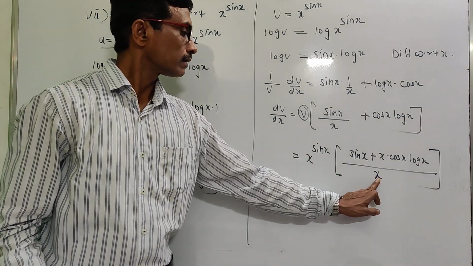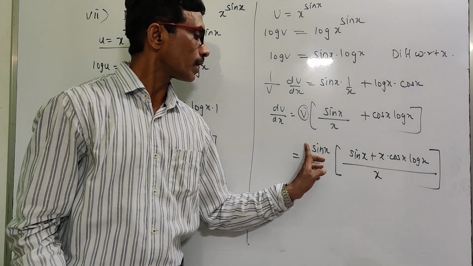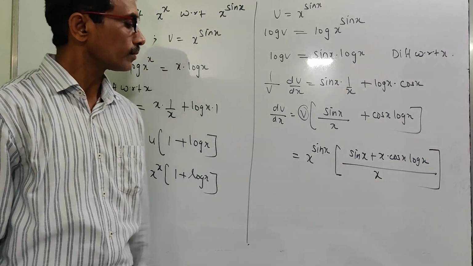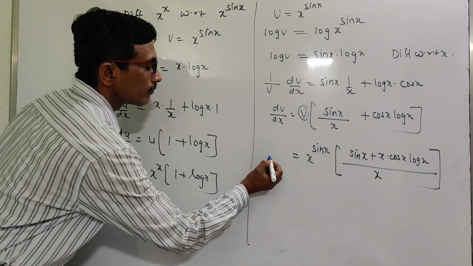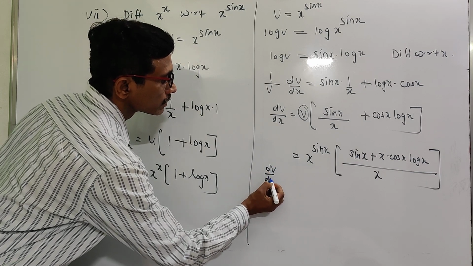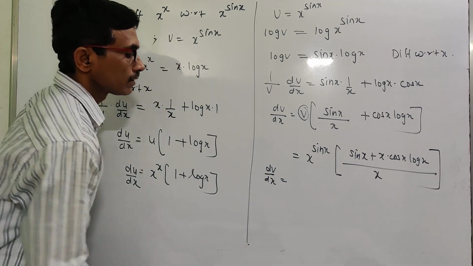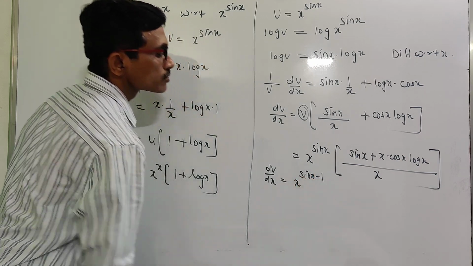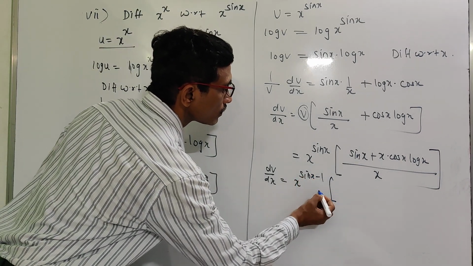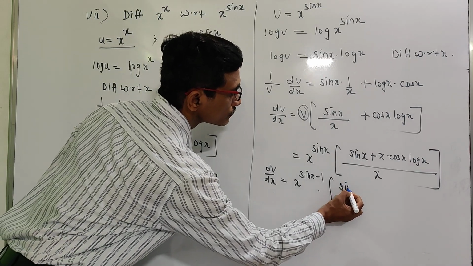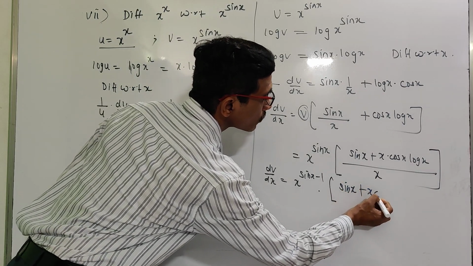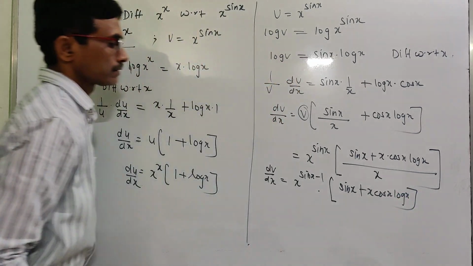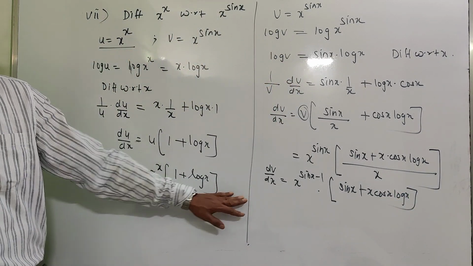We can rearrange this again. This power will reduce by 1 because x is there in the denominator. So dv by dx will be equal to x raised to power sin x minus 1 into sin x plus x cos x into log of x. This is our dv by dx.